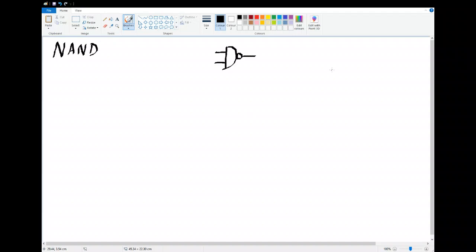Easy enough. But what if we wanted to have an inverter and all we had was NAND gates? What we can do is take our 2 input NAND gate, and we just join the 2 inputs together.